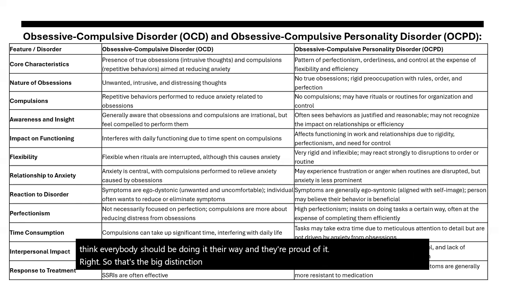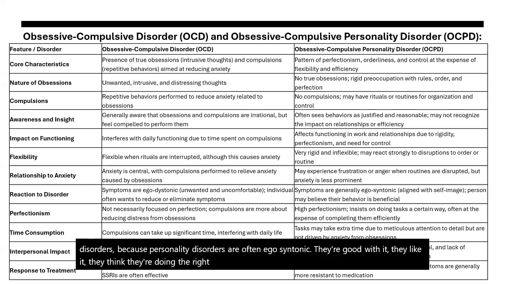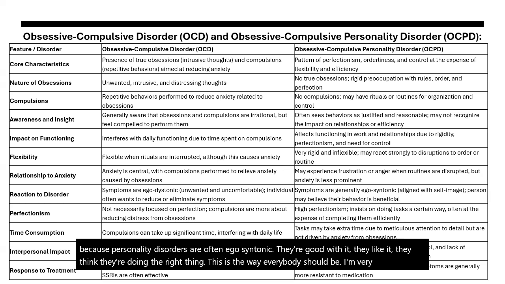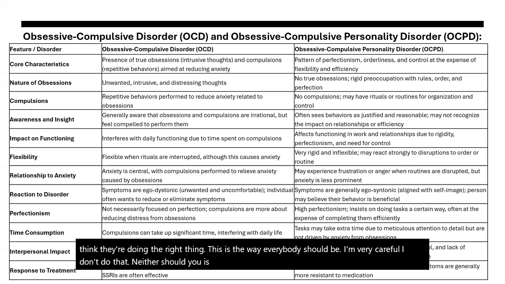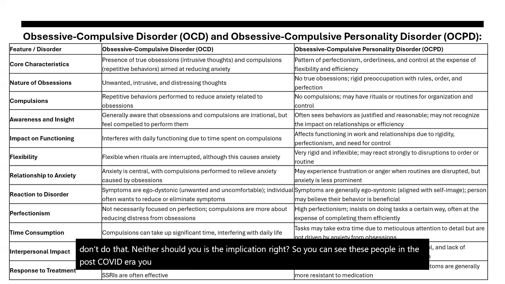That's why it's really hard to treat personality disorders, because personality disorders are often egosyntonic. They're good with it. They like it. They think they're doing the right thing. This is the way everybody should be. I'm very careful. I don't do that. Neither should you is the implication, right? So you can see these people. In the post-COVID era, you can definitely tell the personality disorders leaking out all over the place, right?